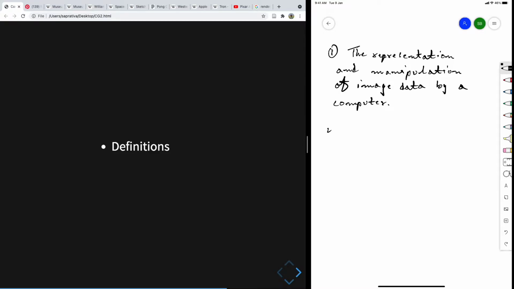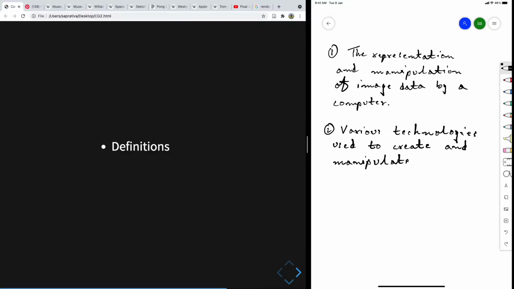The second definition is various technologies used to create and manipulate images.